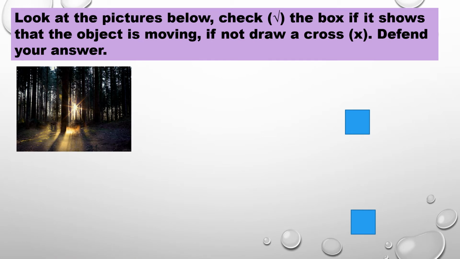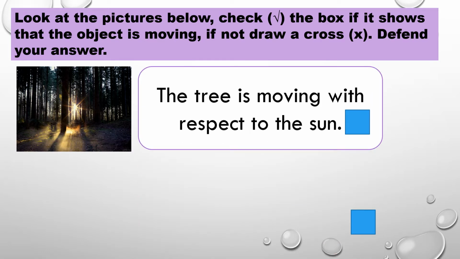Trees. Now, the question: the tree is moving with respect to the sun. Is the tree moving with respect to the sun? Is it X or check? On your chat box, write your answer, as part of our recitation.